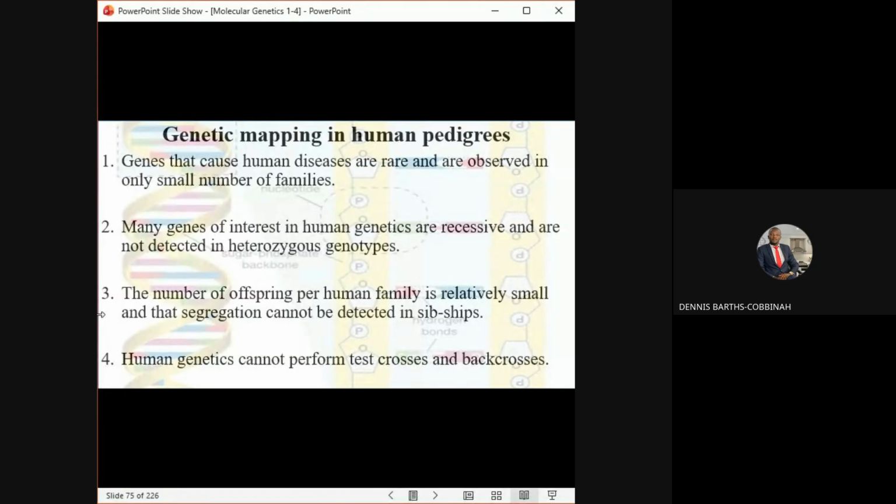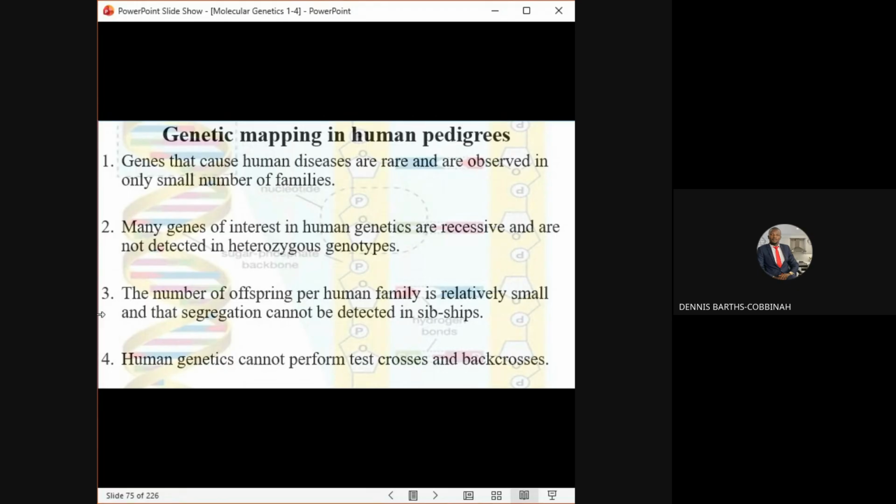And for you to do that, you use one of the offspring who is exhibiting double recessive inherited alleles. Let me just use a practical example. If you have tall parents, you are not sure whether the parent is homozygous tall or heterozygous tall.